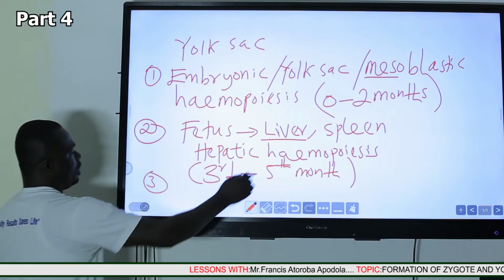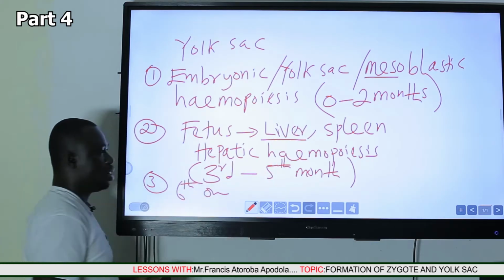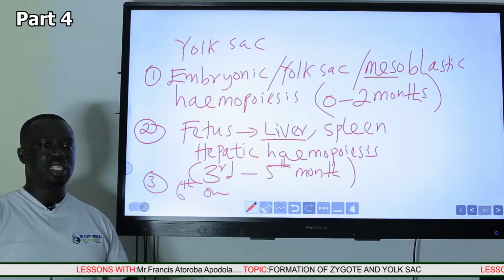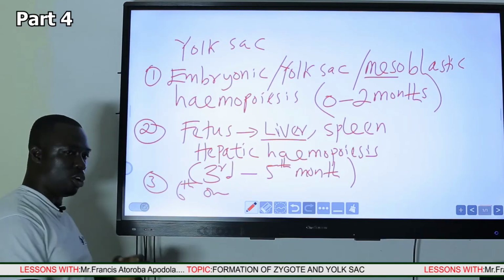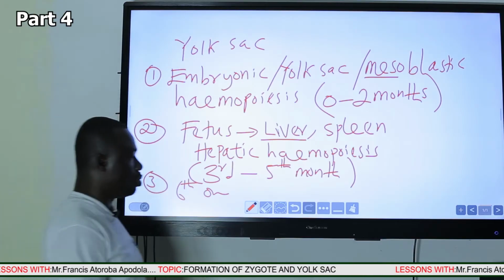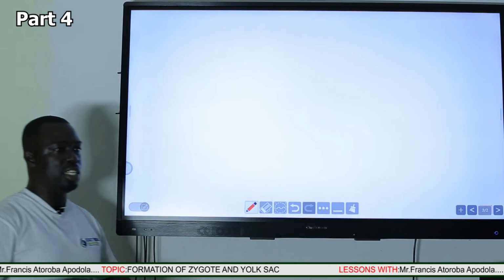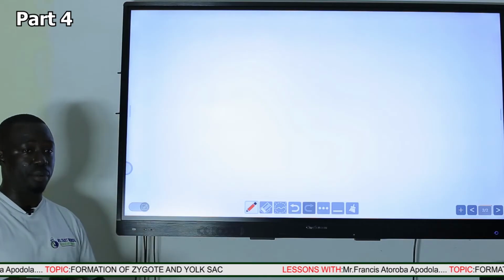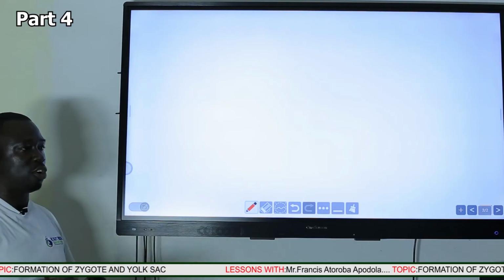Now, from the 6th month onwards, as the child is developing, the bones of the child begin to appear. The fetus now begins to develop bones, and these bones contain a marrow. We call it the red bone marrow.